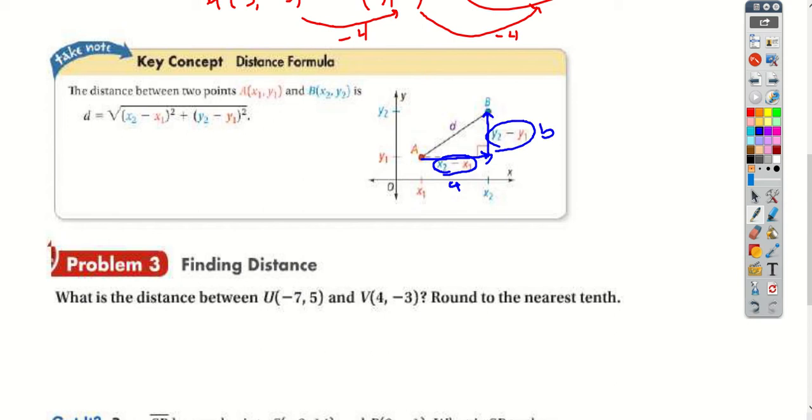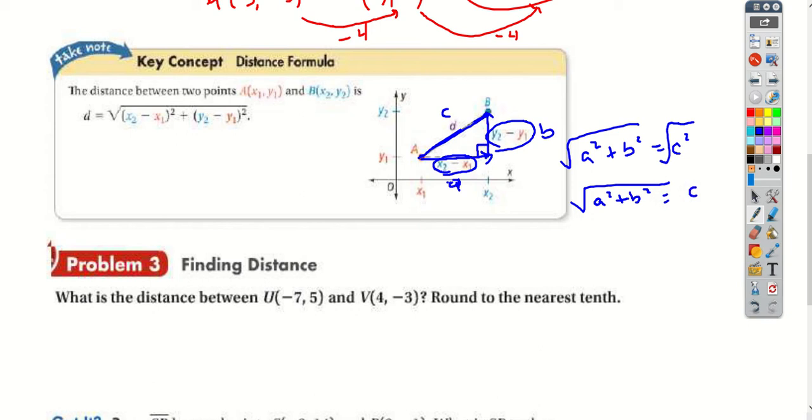This forms a right triangle, so this length is the hypotenuse. If I do a squared plus b squared, that gets me c squared, and when I take the square root of both sides, I'll end up with the distance formula.